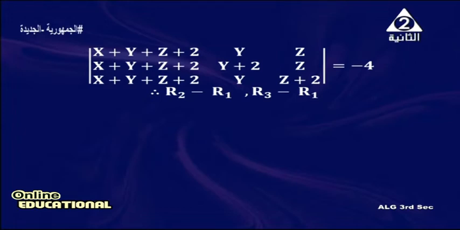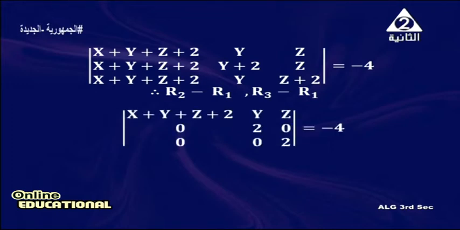Second and third rows, first column are the same. By subtracting R1 from R2 and R1 from R3, we deduce that this determinant has zeros in a triangle.